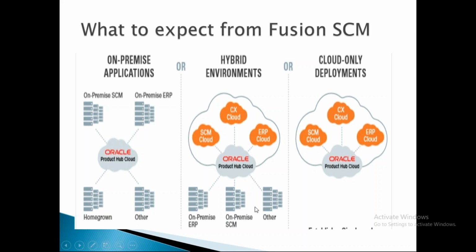But you can also have a hybrid environment where your on-premise and cloud coexist. You can have your on-premise and cloud seamlessly integrated and working in sync, with the data in place. Even your cloud is capable of doing these things.